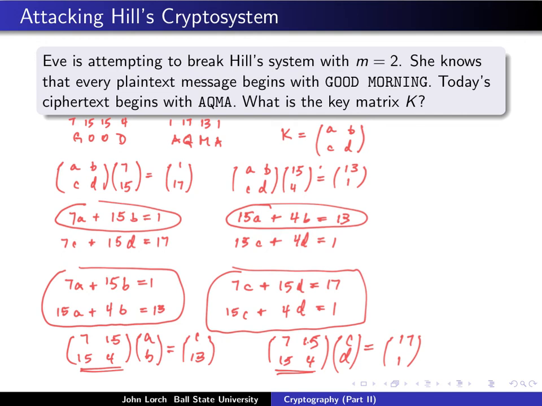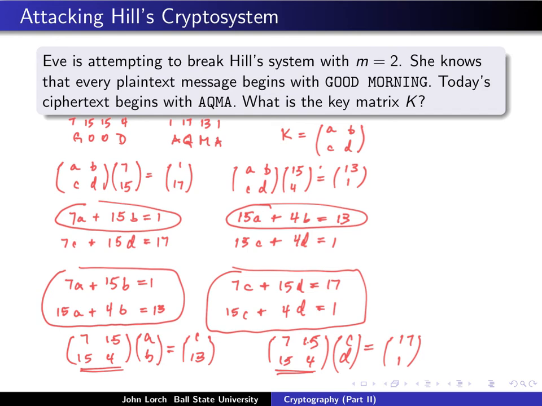Okay, so the next thing, we're going to erase this stuff at this point, and we're going to focus on finding the inverse of the matrix 7, 15, 15, 4.